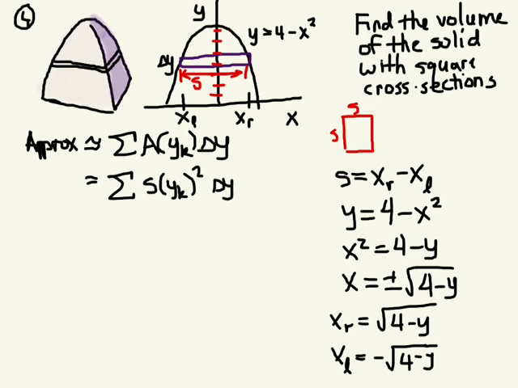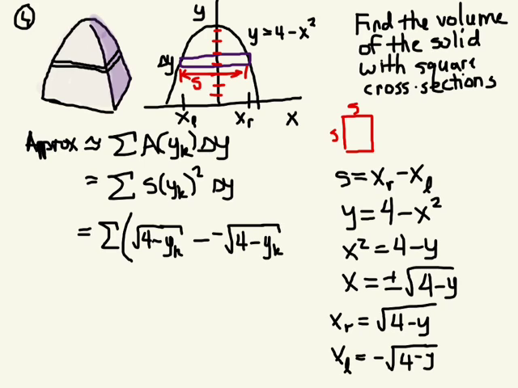And so now we know what our side formula is. We're going to add the square root of 4 minus y. That's the value of x on the right, minus the value of x on the left, 4 minus y, inside a square root with a negative sign. We'll square that, multiply by delta y.